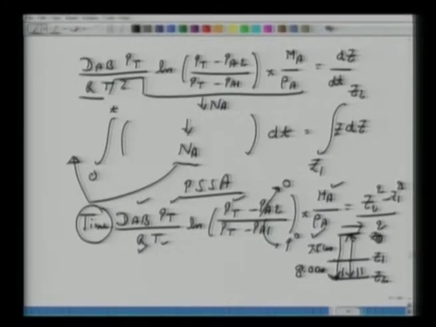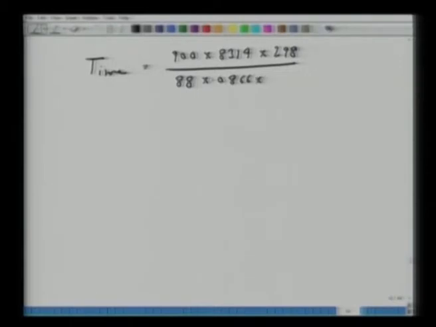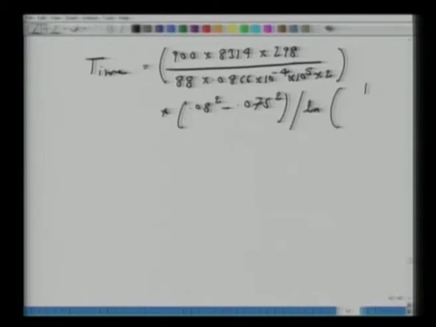So time of diffusion is T, all direct substitutions: 900, 8314, 298. 900 will be the density of acetate, molecular weight 88, diffusion coefficient 0.0866 into 10 to the power minus 4, 10 to the power 5 into 2, into 0.08 square minus 0.075 square by 2, this 2 is here, divided by this ln 1 over 1 minus 0.1264, divided by 1.013 total pressure into this.